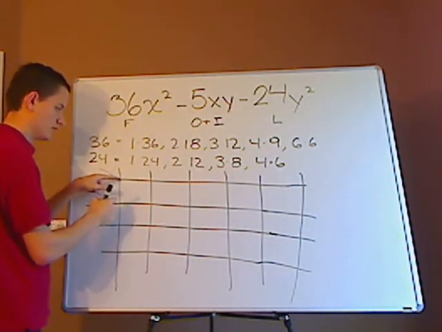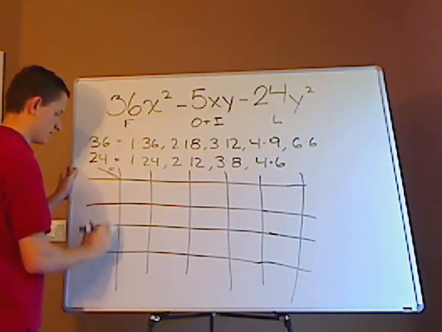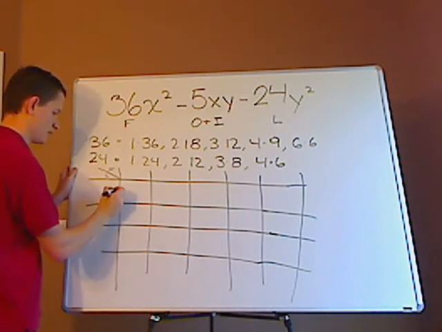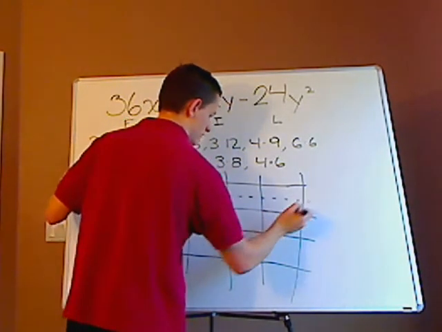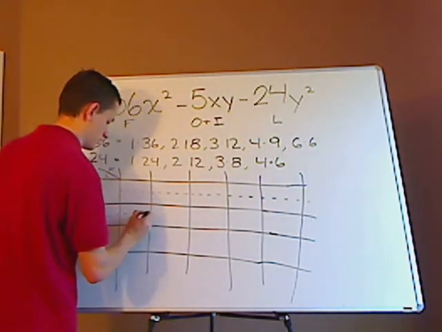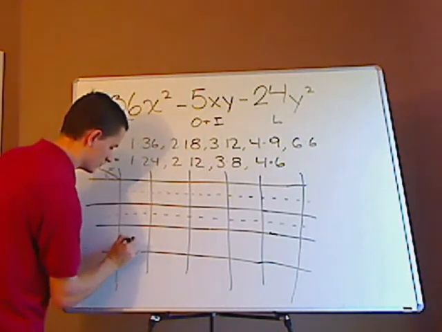Now I'm going to put a little diagonal here. The top will be my first, and the side right here is going to be my last. And you can either use a dotted line or a different color. It doesn't really matter.